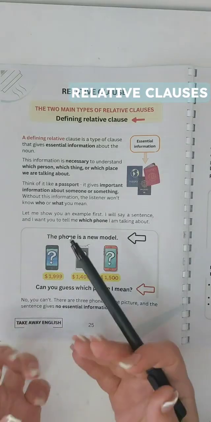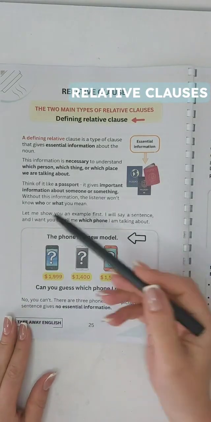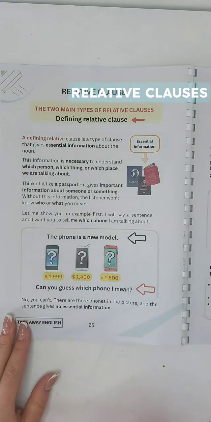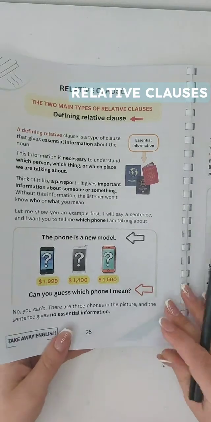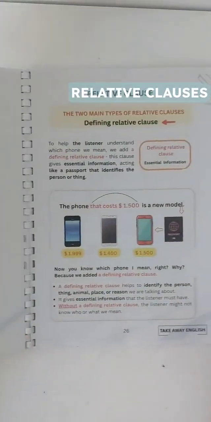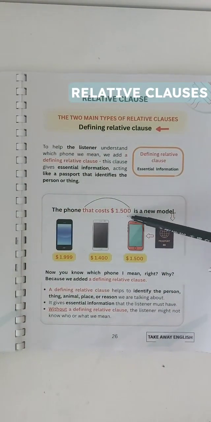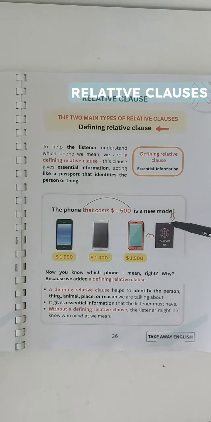But we don't have essential information like a passport to understand which phone is a new model, right? Now let's add a defining relative clause, essential information, and say the phone that costs 1,500 is a new model.